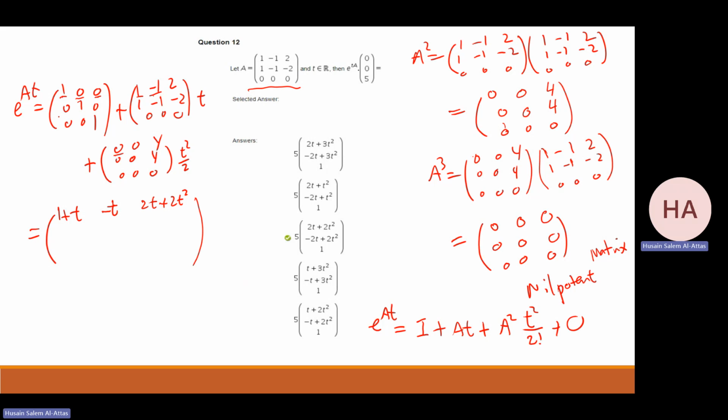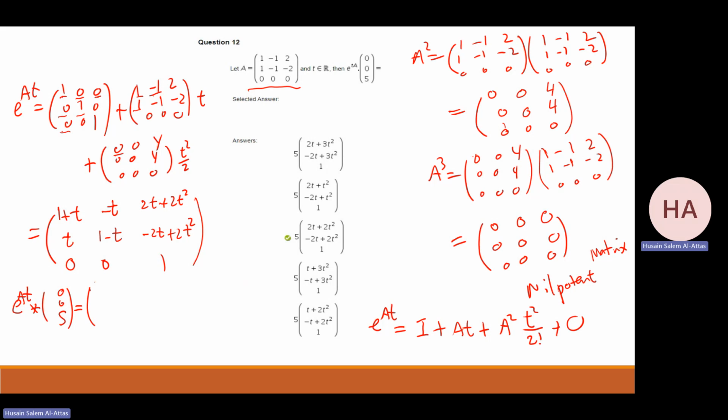Now second row, first element, this is t, then 1 minus t, then minus 2t plus 2t squared. The third row, 0, 0, 1. What I need is e to the power At times the vector [0, 0, 5], which is 5 times the last column.